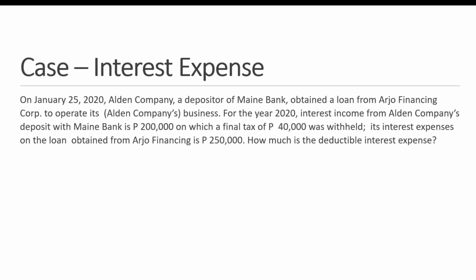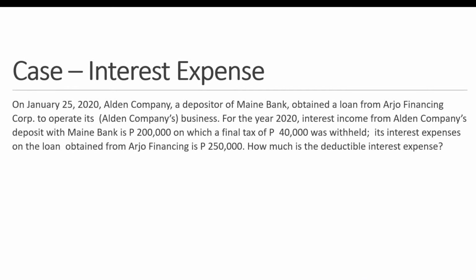Let's have a case on interest expense. On January 25, 2020, Alden Company, a depositor of Main Bank, obtained a loan from Arjo Financing Corporation to operate its business. For the year 2020, interest income from Alden Company's deposit with Main Bank is 200,000, on which a final tax of 40,000 was withheld.